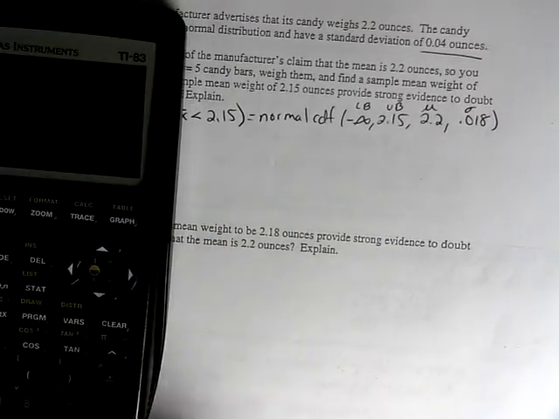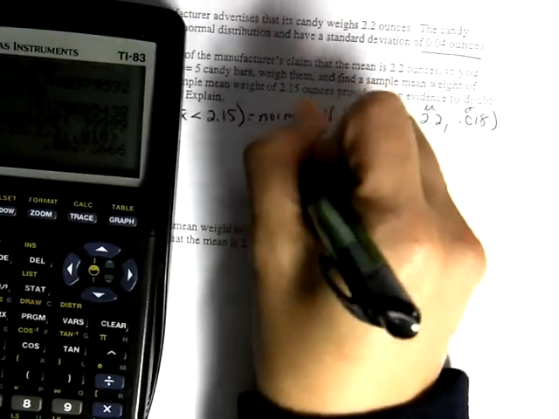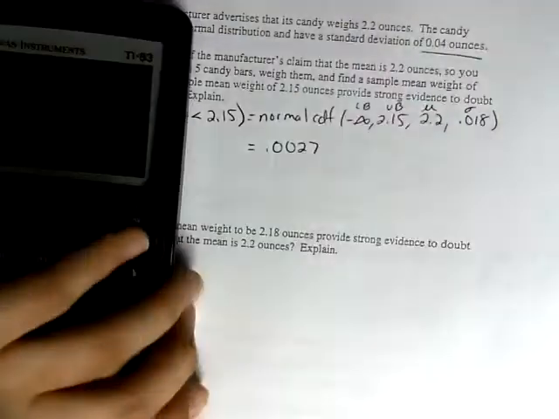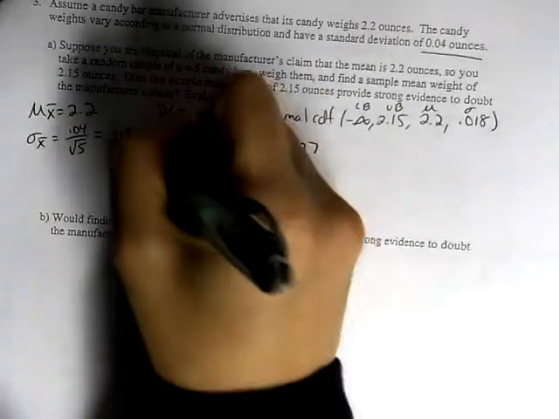So negative a bunch of 9s, 2.15, 2.2, 0.018. So I get a probability of 0.0027. So this is only supposed to happen less than 1% of the time again. And if it happened in our sample, that means we should doubt what the manufacturer is saying.